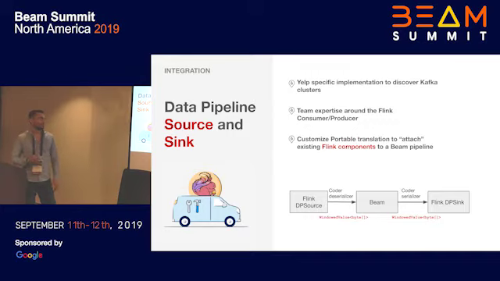A few reasons why we prefer to do that: first of all, our data pipeline consumer and producer are fairly complicated. It's not just a Kafka consumer or a Kafka producer. There is some Yelp-specific code, for example, to discover Kafka clusters or to deserialize. There is a bunch of different metadata that we still emit from those components.